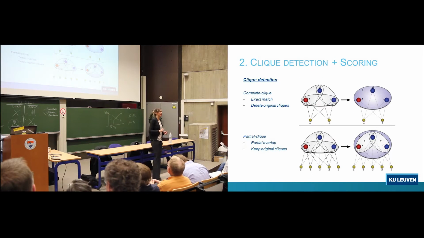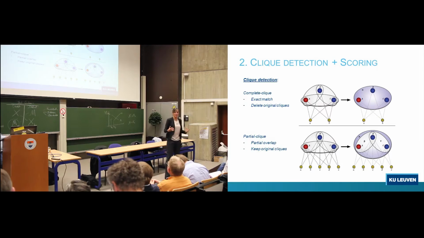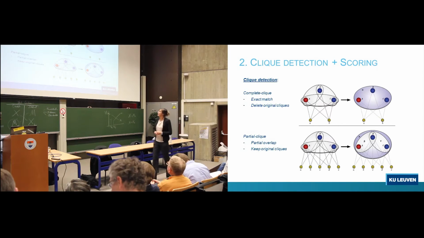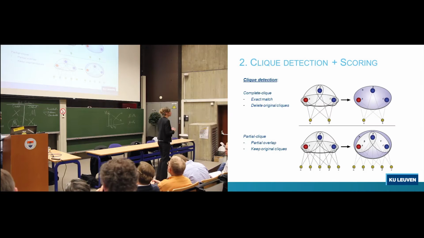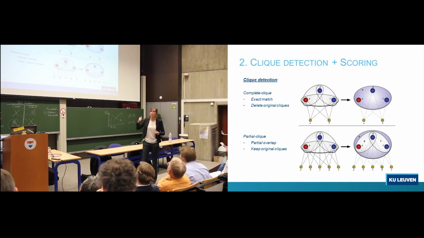Okay, after we have our individual score, now it's the, I think, computationally most expensive part of the algorithm, and that's the clique detection. What we do is we combine companies based on the same resources.